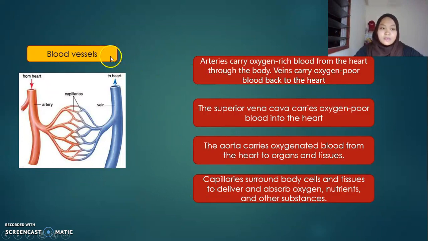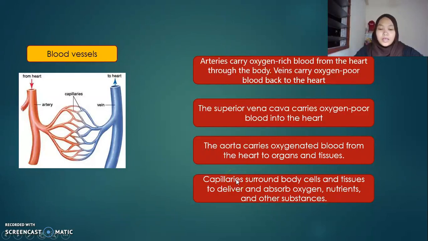Blood vessels include arteries, capillaries, and veins. Arteries carry oxygen-rich blood from the heart to the body. Veins carry deoxygenated blood back to the heart. The superior vena cava carries deoxygenated blood into the heart, and the aorta carries oxygenated blood from the heart to organs and tissues.